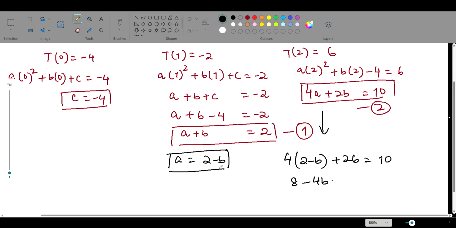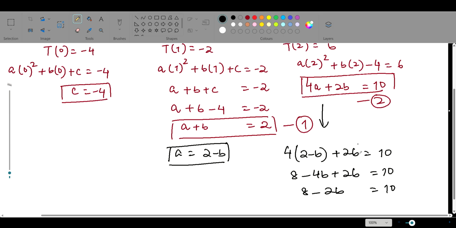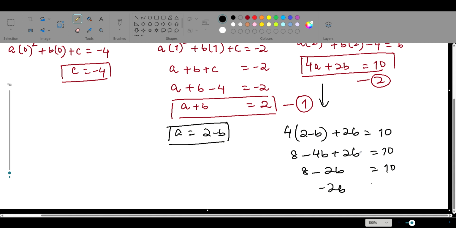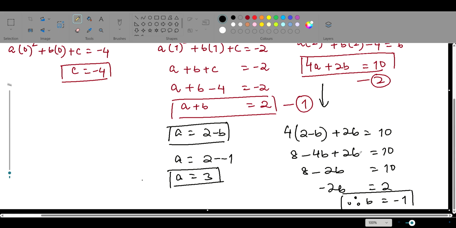So it is 8 minus 4B plus 2B is equal to 10. So it is 8 minus 2B is equal to 10, hence minus 2B is equal to 10 minus 8, which is 2. Therefore we have the B value as -1. Right, so we have the B value. So A value would be what? I'll substitute this B value here. So it's 2 minus -1, which is 3. So we have A, we have B, we have C.